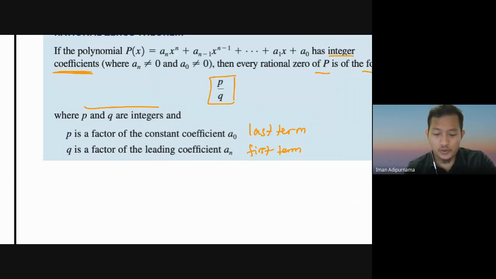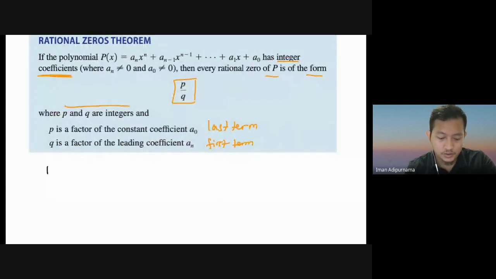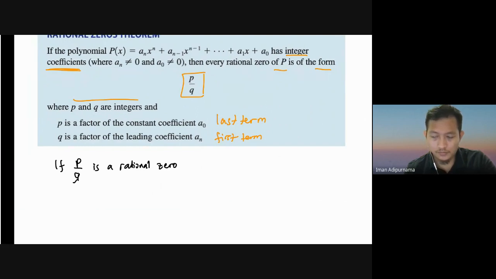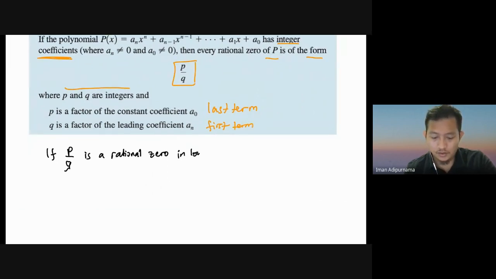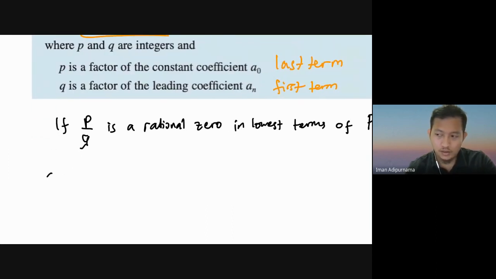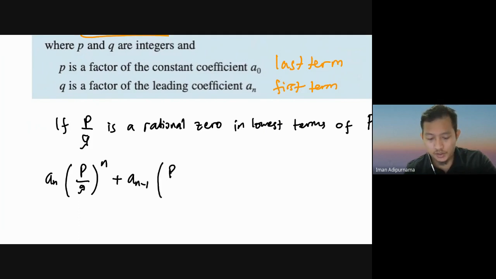So if we are going to prove whether this is correct or not, let's say p over q is a rational zero in lowest terms of P. Then we have a_n (p over q) to the power of n plus a_(n-1) (p over q) to the power of n minus 1, and so on. We just substitute p over q.